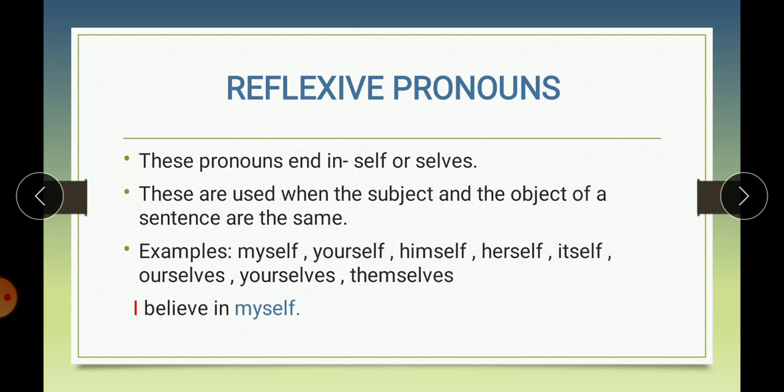Reflexive pronouns. These pronouns end in self or selves. These are used when the subject and the object of a sentence are the same.